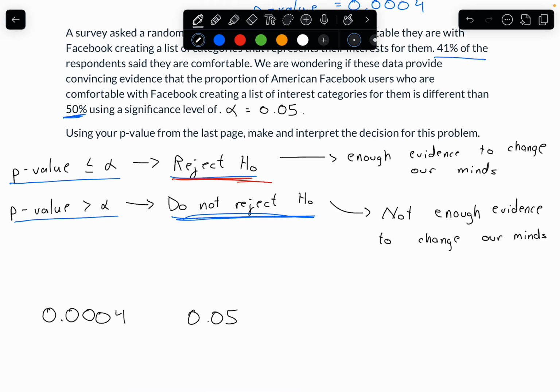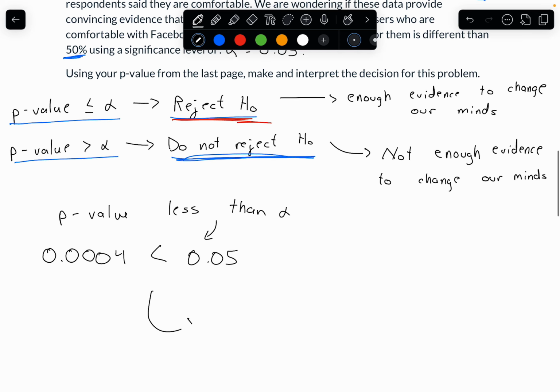That was given to us in the problem. And in this case, our p-value is less than alpha. So for us, the p-value is less than alpha because 0.004 is less than 0.05. So what does that mean? That means that we reject H0.